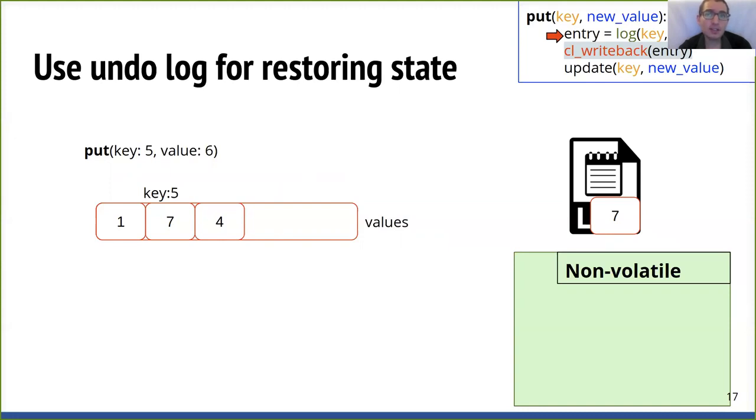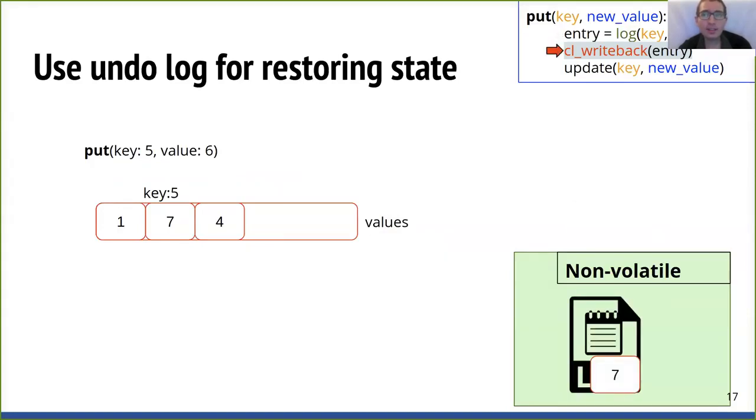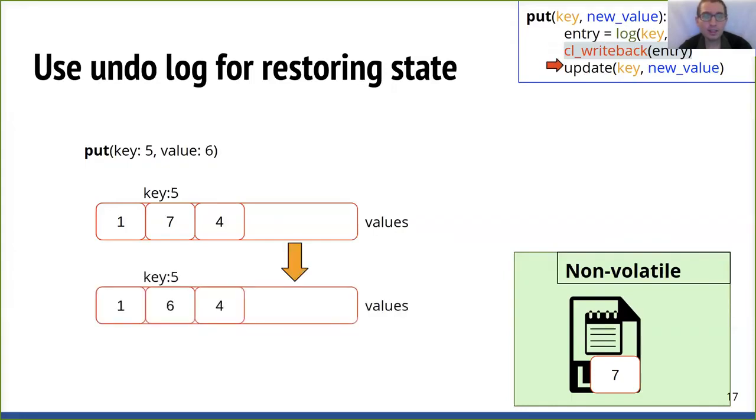This operation makes the log entry visible in the persistent memory. In the example, the log entry containing the value 7 for key 5 is made visible in the persistent memory. Finally, the application can continue mutating the data structure. In the example, the value 7 for key 5 is replaced with value 6.